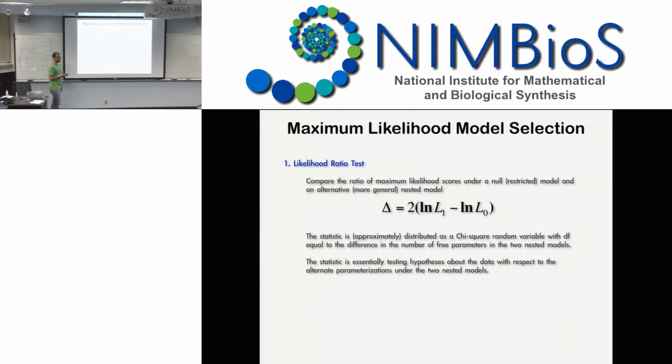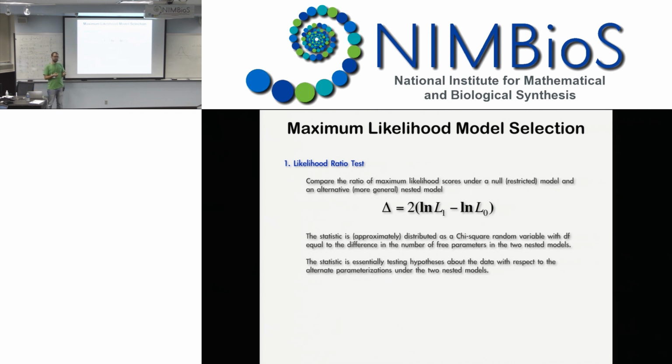The first test case that we can have in maximum likelihood estimation is the likelihood ratio test. We compute the maximum likelihood estimate under both of our models and compute the difference, or twice the difference. This is the delta for the likelihood ratio test.